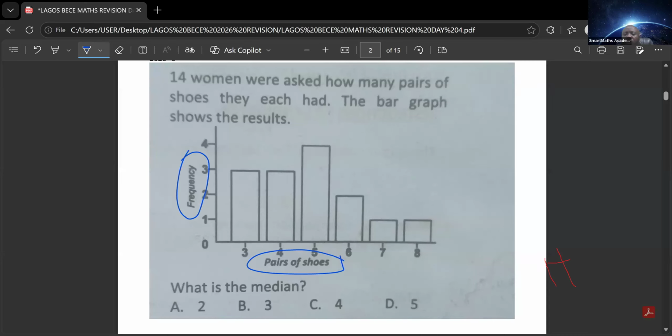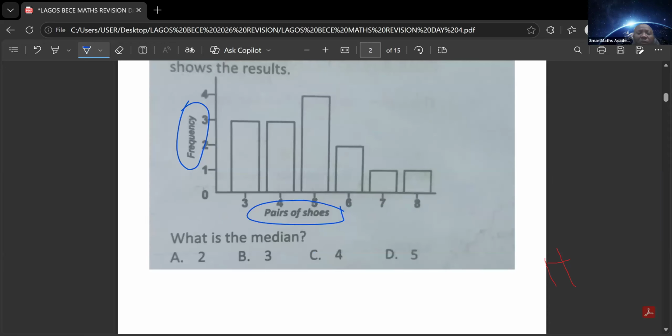For your level, because this is a graph and they are not using the typical graph, I can show you another shortcut from the bar chart. But for this one, we are going to list out the numbers. For pair of shoes, the bar of 3 is 3, so 3 appears 3 times.